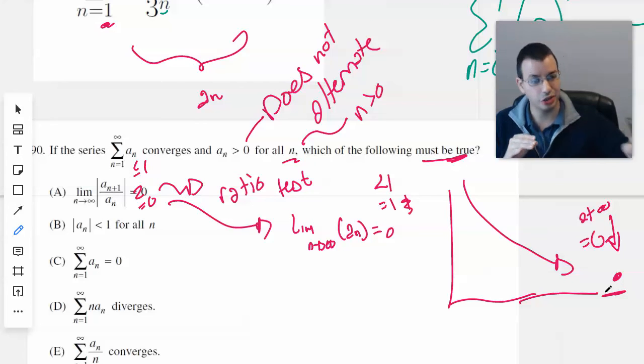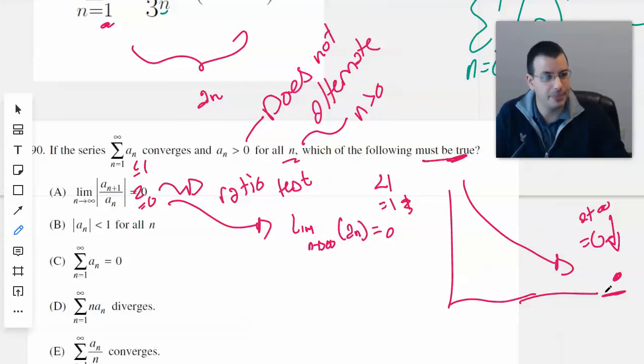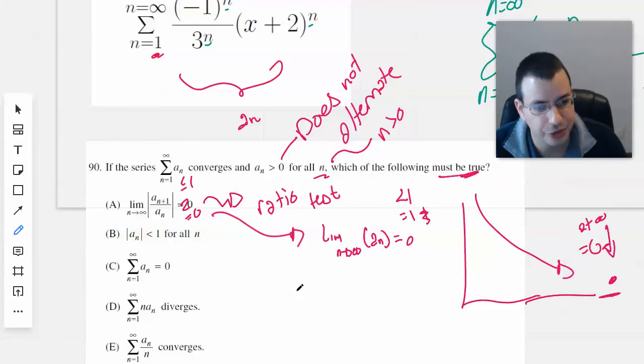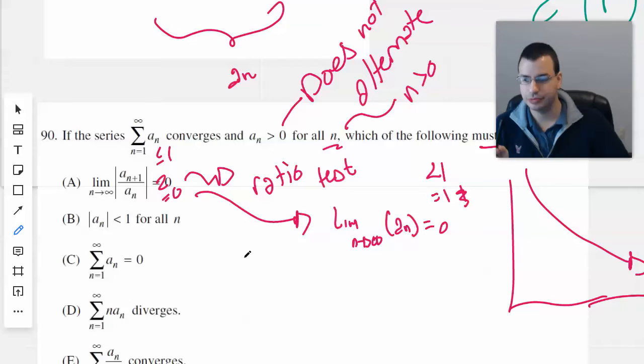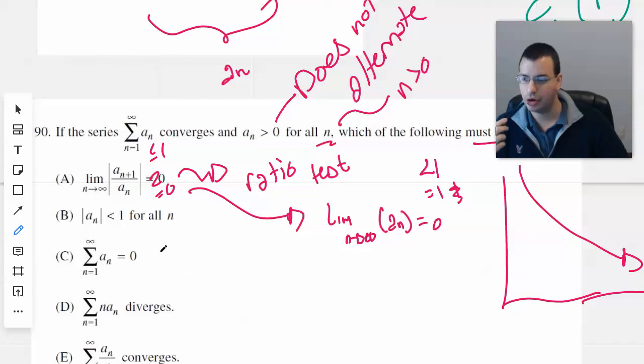So the last term goes to 0. But the ratio of the last term and the second to last term may not be 0. Granted, I understand there's no actual second to last term when you're talking about infinity, but bear with me here. Okay, so that's what the first option is saying. Not true. So, A, no.